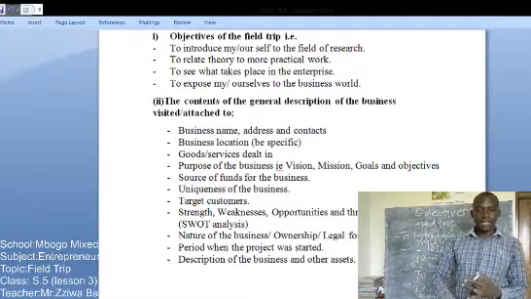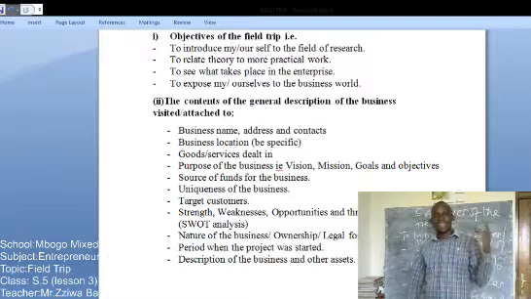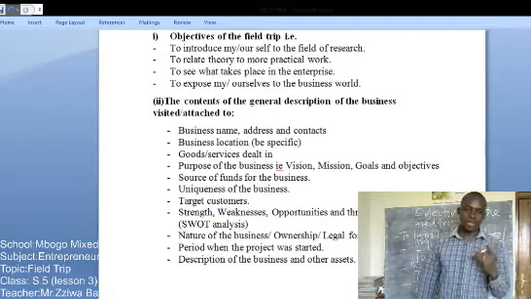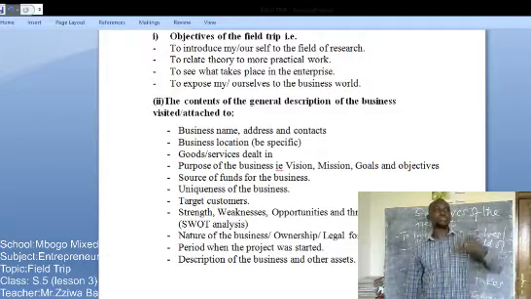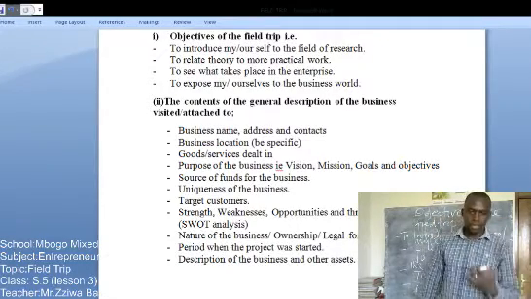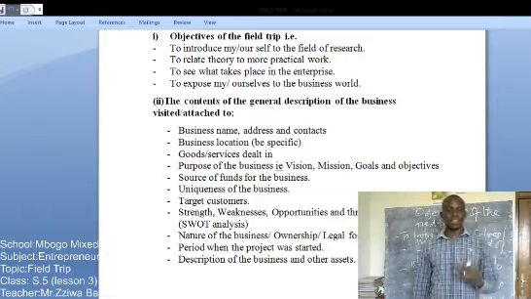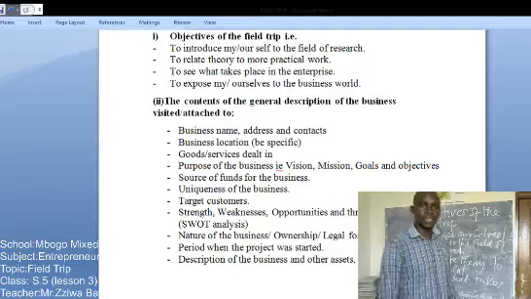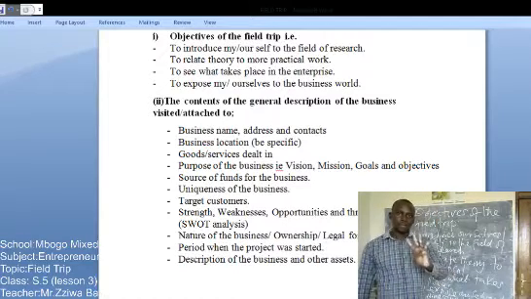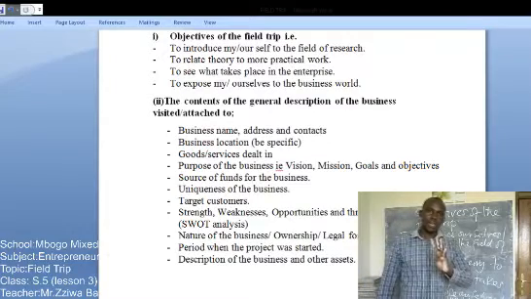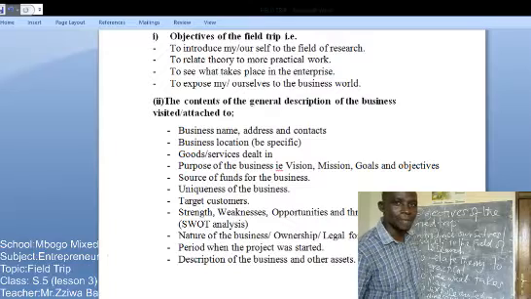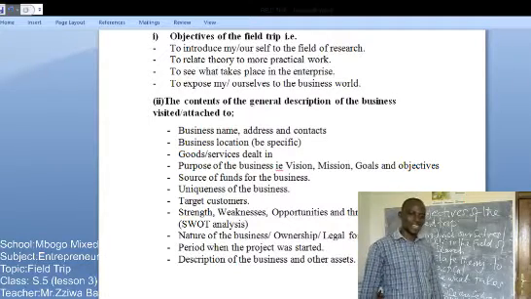Number two, to relate the theory learned from class to practical work. Then the other one, you want to see what takes place in any given business. And finally, to expose ourselves to the business world. There are four objectives as to why we conduct a field trip as far as the Paper 3 Entrepreneurship Education is concerned.